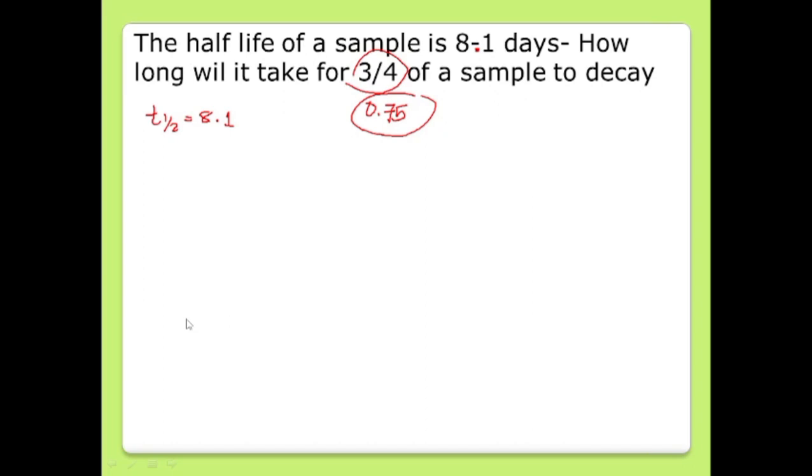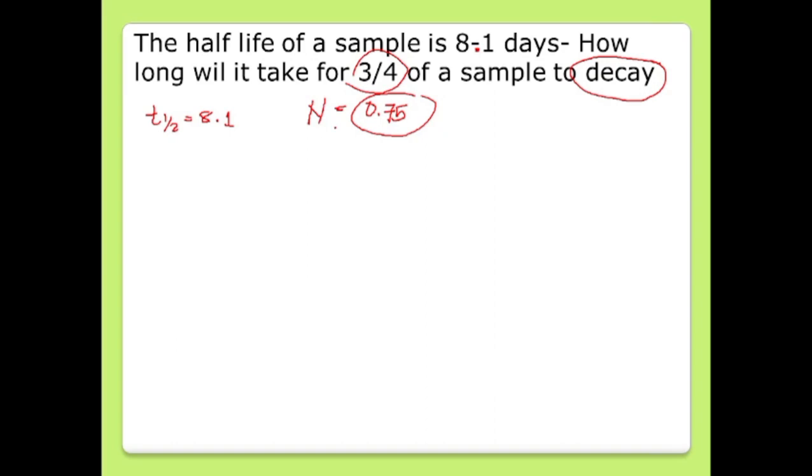Dapat reading comprehension. You know naman kung anong ibig sabihin ng decay, 'di ba? Nag-decay, ito yung nag-decompose, ito yung nawala, ito yung nasira na, ito yung decayed matter. So, reading comprehension, guys, etong 0.75 dito, this is not the N natin.